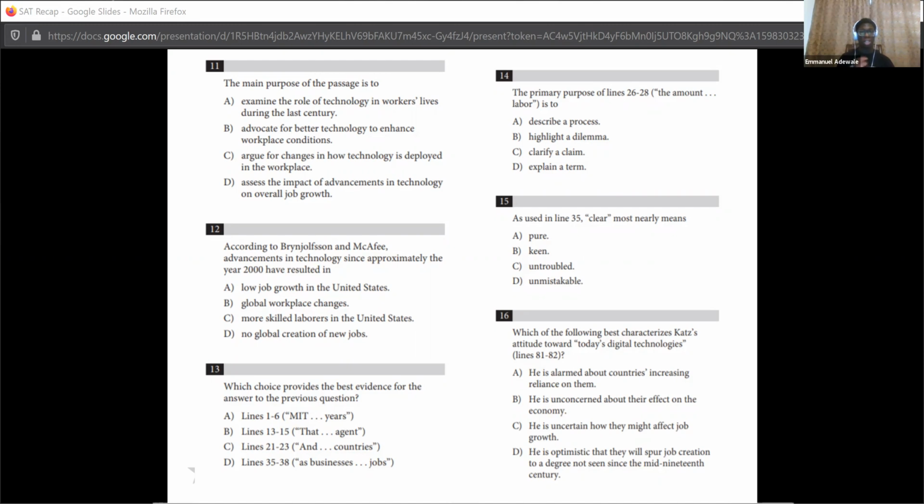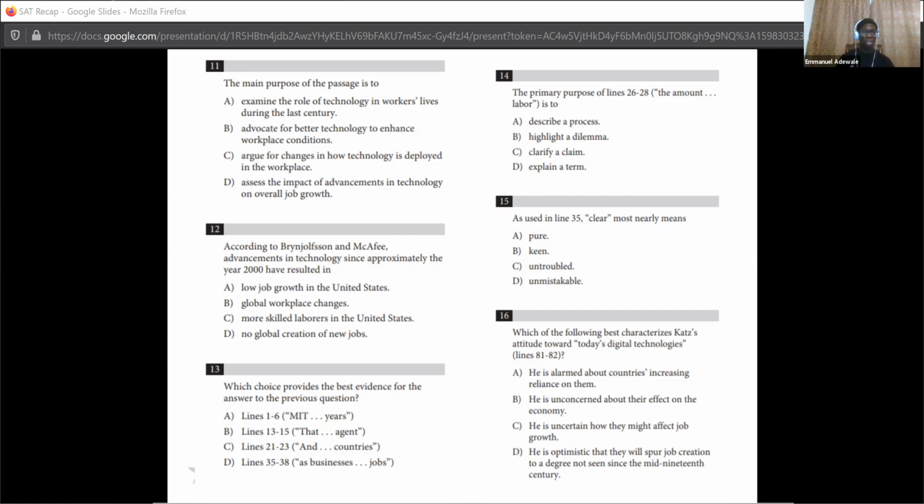There's a specific section where it says that they've argued that impressive advances in computer technology are largely behind the sluggish employment growth of the last 10 to 15 years. And so based on that statement, you'd probably want to go with A because of the similarity it has to what was asked in the question. And a lot of times, these questions won't necessarily be the same word for word, but they'll ask the same sort of thing. So that's something else to keep in mind as well.